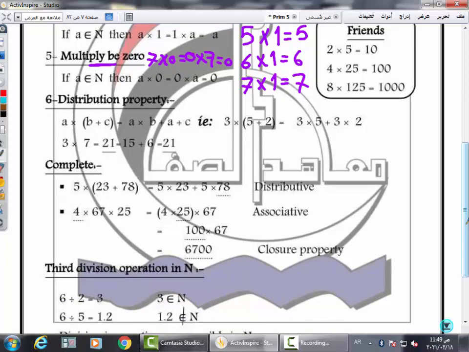If we have two operations like multiplication and addition, we can distribute the multiplication over the addition to get the result. If we have A times B plus C between brackets, we can distribute: A times B plus A times C. Okay?